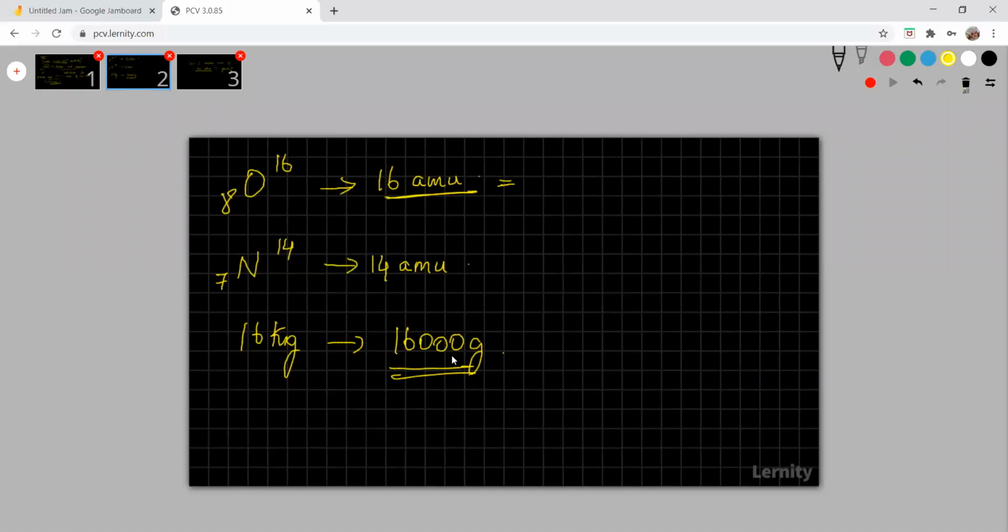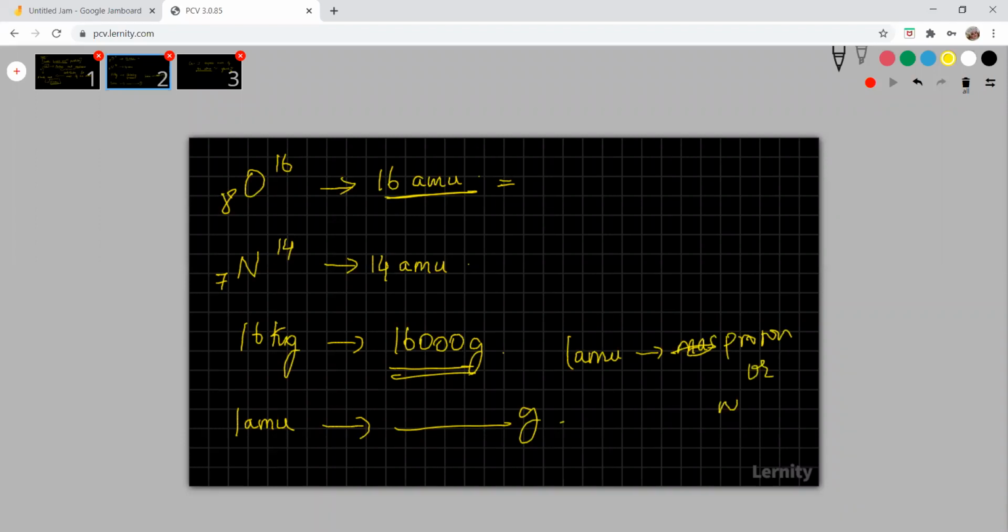Similarly, we could see here oxygen has 16 AMU. If I wanted to convert it to grams, I should know what is 1 AMU in grams. Correct? Here, what is 1 AMU? 1 AMU is nothing but the mass of a proton. It represents a proton or neutron.